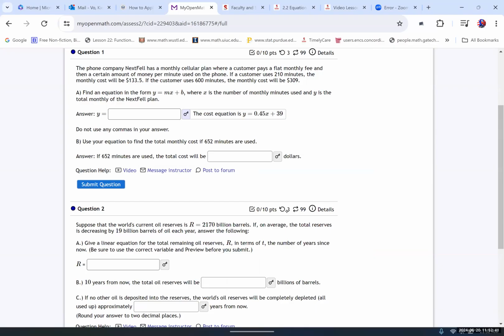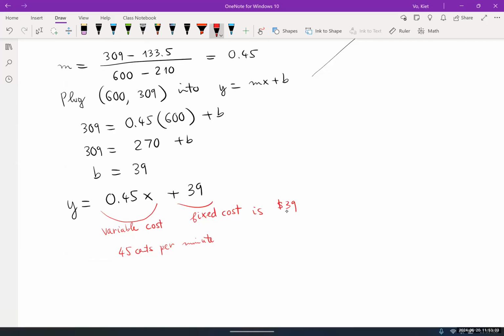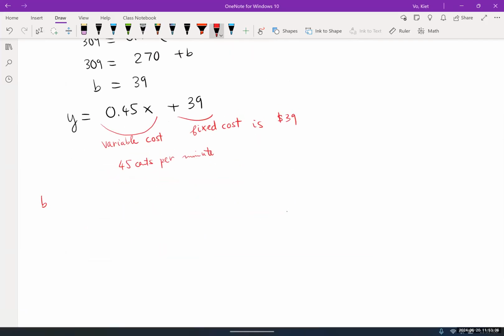Now use your equation to find the total monthly cost if 652 minutes are used. To find the total monthly cost, if you know how many minutes are used, all we have to do is plug 652 into x and find what the y value is going to be. For part B, I have y equal to 0.45 multiplied by 652 plus 39.